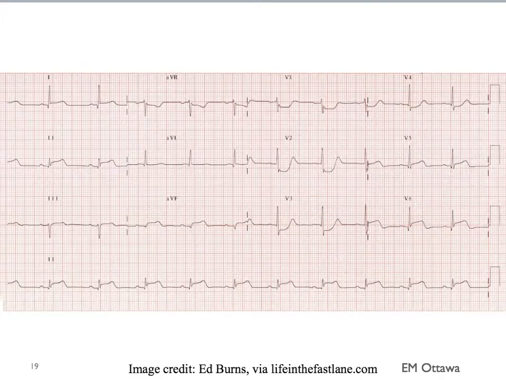How about this one? Where do you see the ST elevations? There are some in the inferior leads. They're very subtle. Do you see any ST depressions? There are some in V1 to V4 in the anterior leads. Are these reciprocal changes? We know that the inferior wall reciprocates with lateral, not with the anterior.